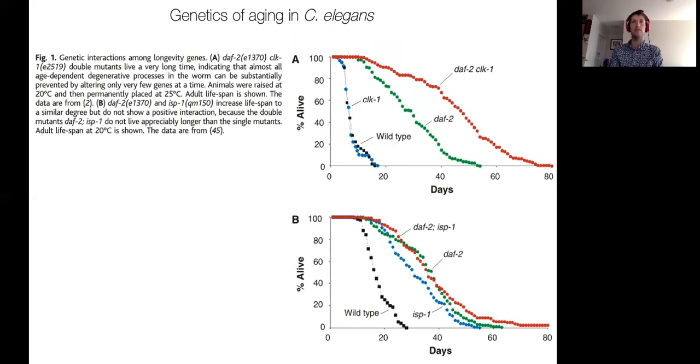The double mutant DAF2 ISP1 has just the same curve as DAF2 alone, whereas the DAF2 CLIC1 gets an added benefit beyond that of DAF2. This illustrates some of the epistatic interactive effects between genes that modify rates of senescence in these nematodes. So this sort of work tells us that, at least on occasion, we might have single large effect genes that impact the evolution of senescence.